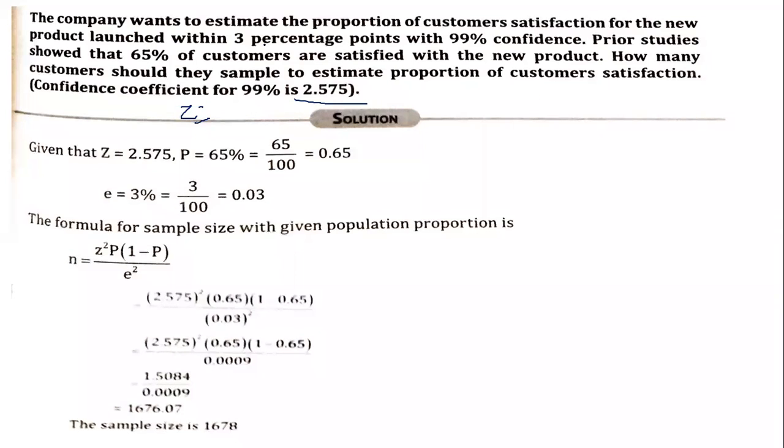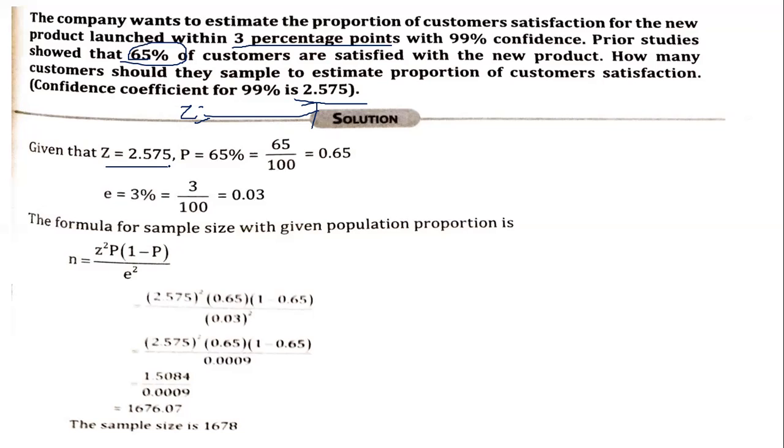We have 3 percentage points. Before, there were 65% of the customers who were happy, and now we have to find out how many we have to get the opinion from. So we directly know what is the Z value. So Z is equal to 2.575.